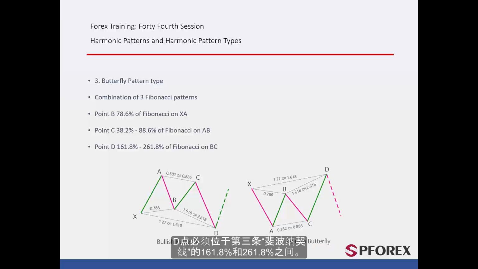The point D must be between 161.8% and 261.8% of the third Fibonacci. Also, D should be over 127% and less than 161.8% of the first Fibonacci. The bearish format has the same method and procedure.